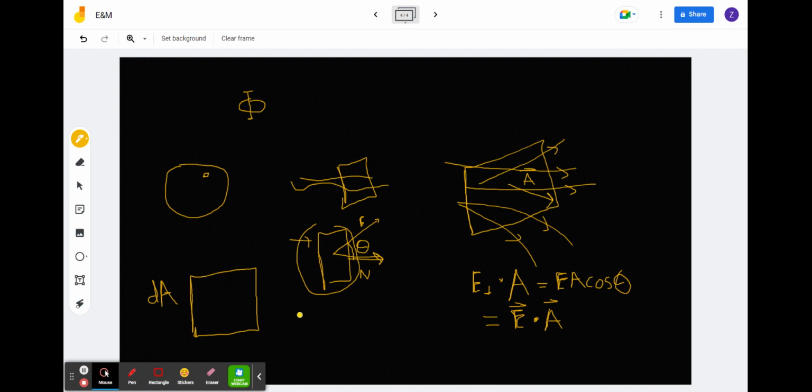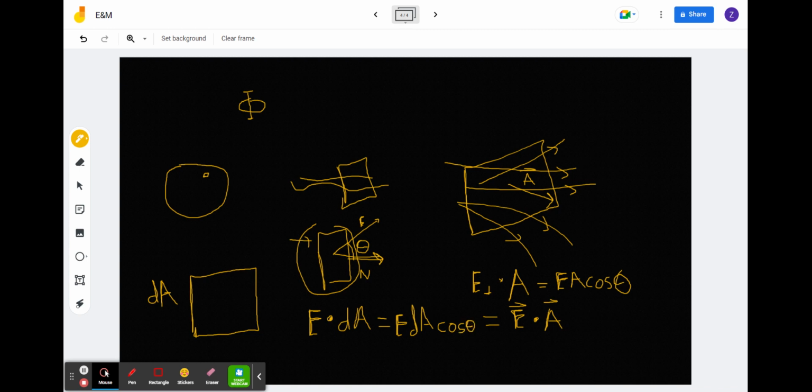If we use the same formula, we'll get E dot product times dA. And just keep in mind that this means E times dA cosine theta, where theta is the angle between the normal vector and the electric field vector.